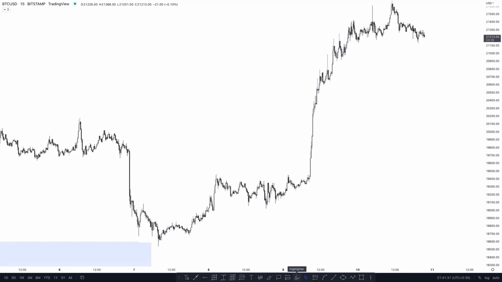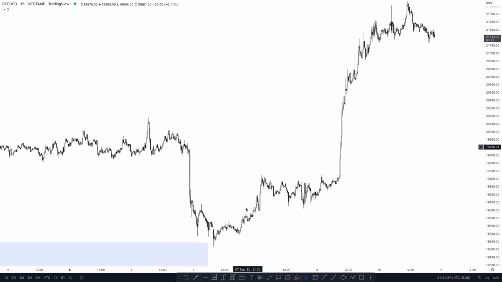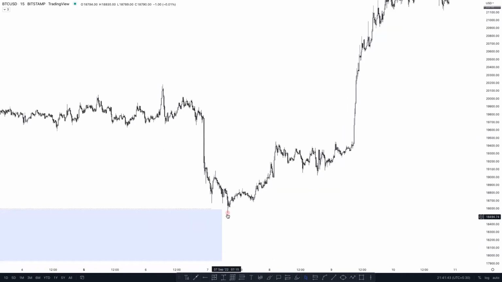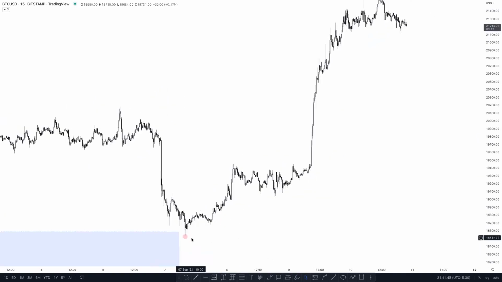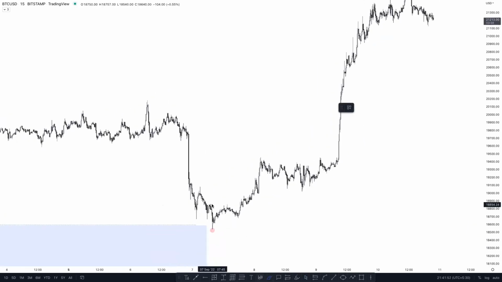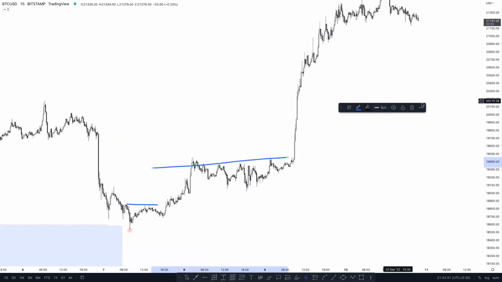You have to mark your structure from top of the move and bottom of the move. So in this case, where is our bottom of the move? Which level did market push higher from at this point? So this is our new lower low, which is actual lower low. And we can start marking a structure after that. Taken out the inducement is here. So this lower low is confirmed here. And before this one, where is our structure?